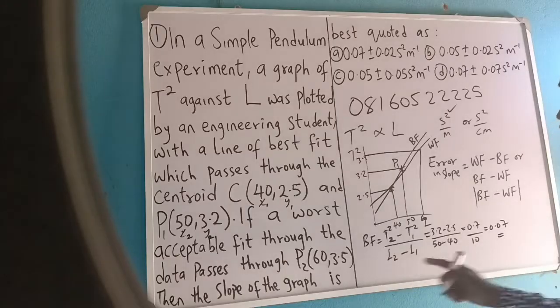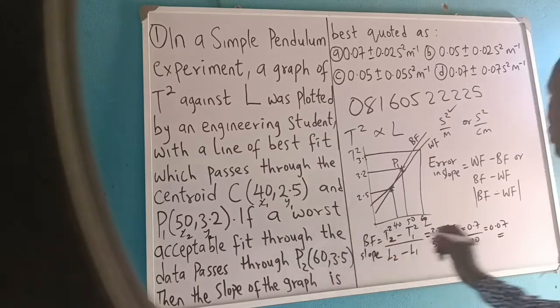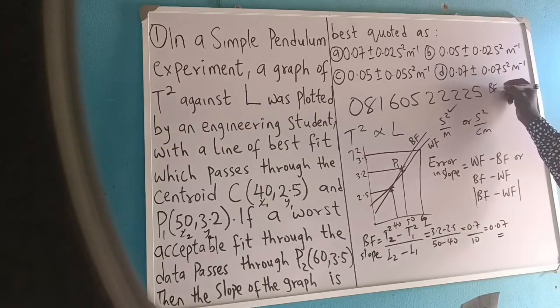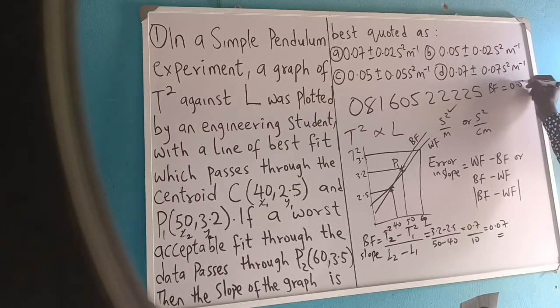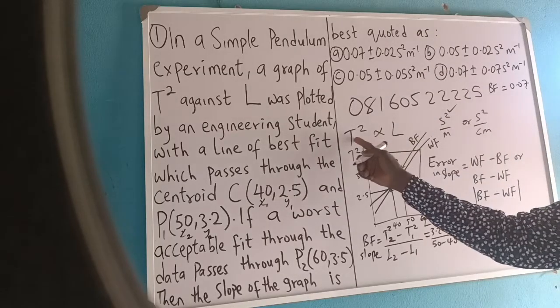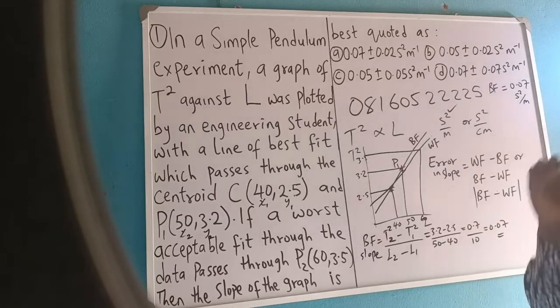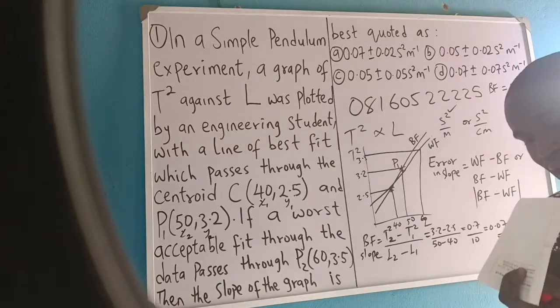Say that the best fit slope is equal to 0.07. And what is the unit? It is second square all over meter.